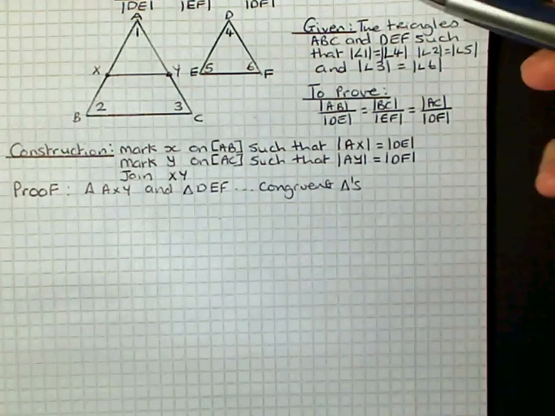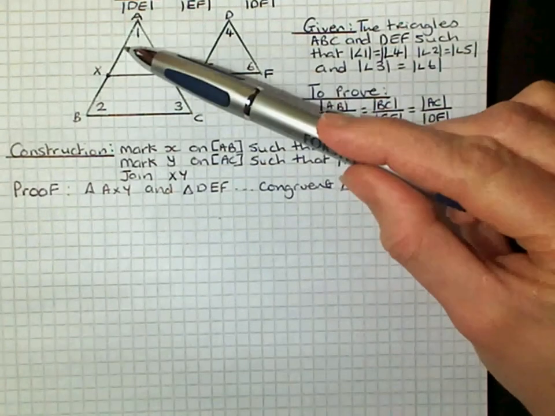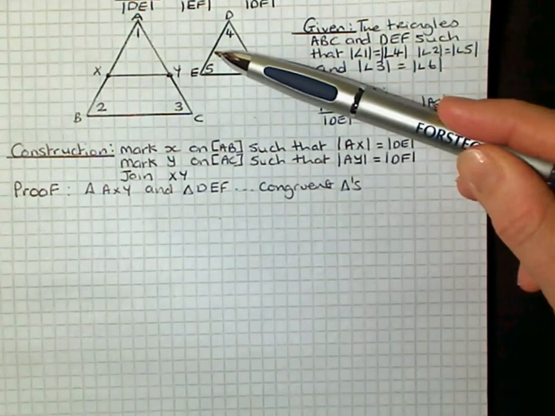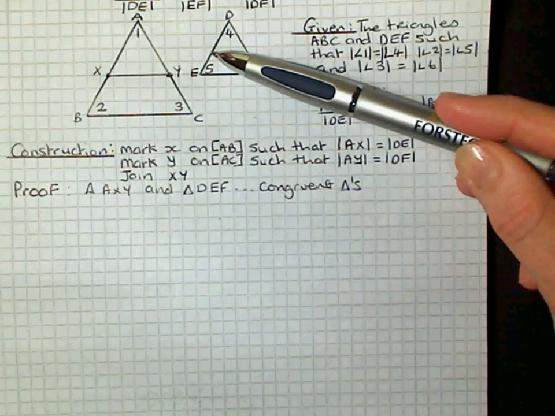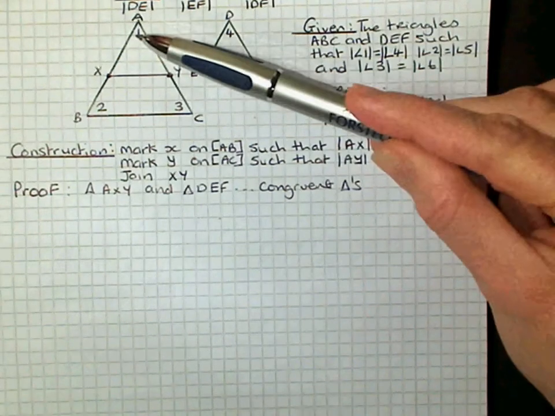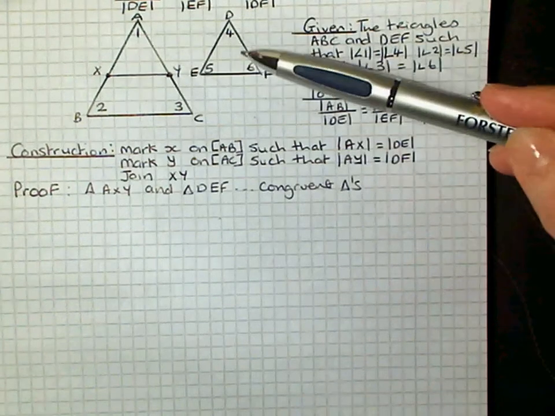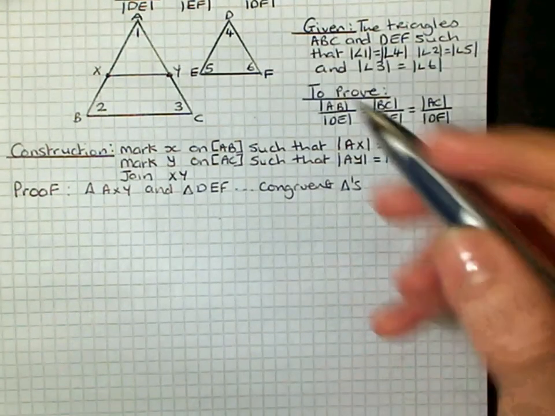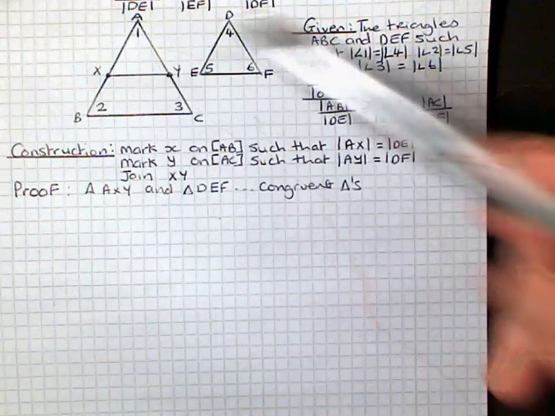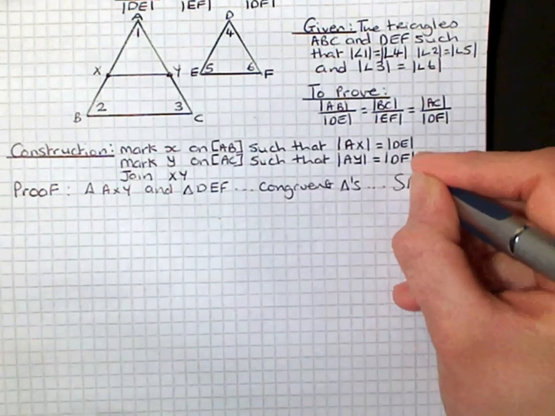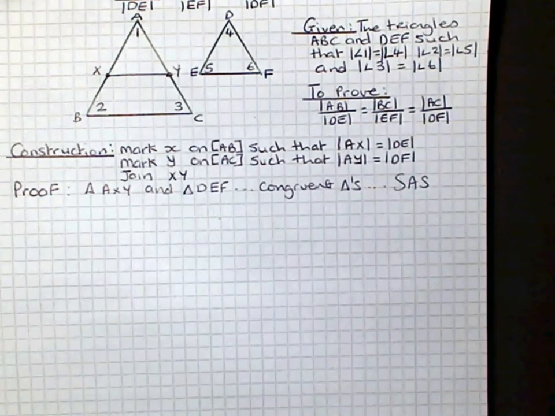Why are they congruent triangles? Because the length AX is equal to the length DE, which we showed by the construction. Angle 1 equals angle 4, we were given that at the start. And AY is equal to DF by the construction. So they're congruent triangles because of side, angle, side.